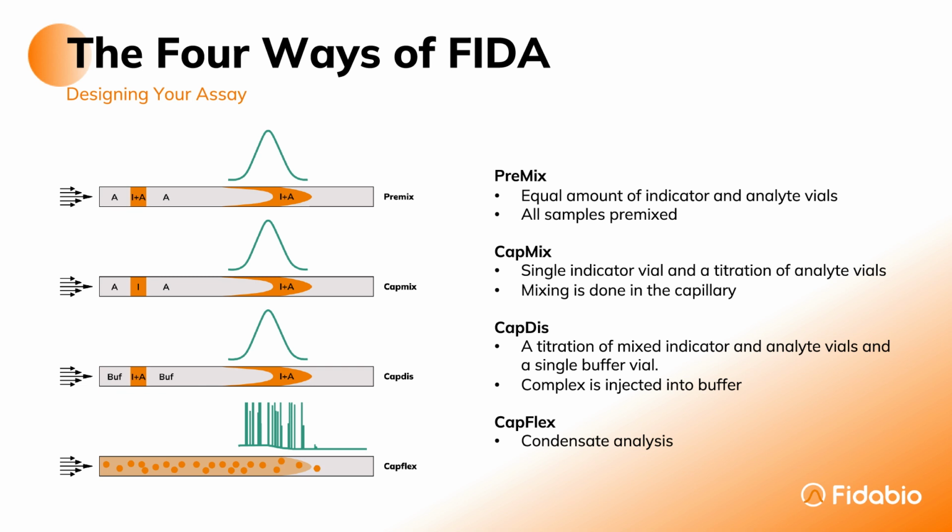Using this method, the samples are mixed in the capillary by the FIDA instrument. When doing capillary dissociation or cap dis, you have a titration of mixed indicator and analyte vials and a single buffer vial. The complex is then injected into buffer. Capillary flow experiments or CapFlex you can ignore unless doing liquid-liquid phase separation and condensate analysis.